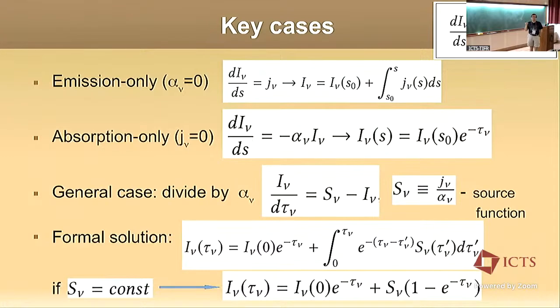If you don't remember, you look it up or use Mathematica or something, and you get it. So basically, the formal solution is that you have the initial radiation that enters the region of space that we're interested in. This initial radiation gets attenuated as it passes through the cloud because of the absorption.